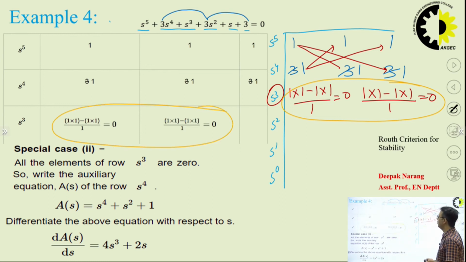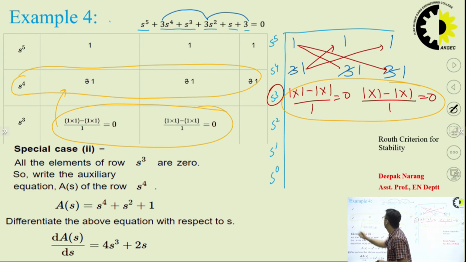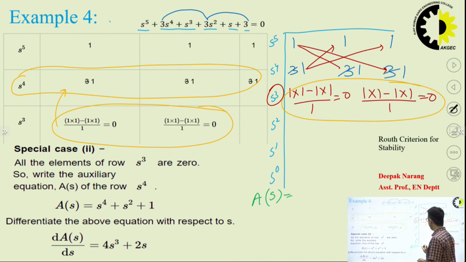So we need to find out the auxiliary equation, and the auxiliary equation comes from the row just above this. Here we have this row where the highest degree of S is 4. So we can simply write our auxiliary equation as A(S) is equal to S raised to power 4 plus S raised to power 1 plus 1.